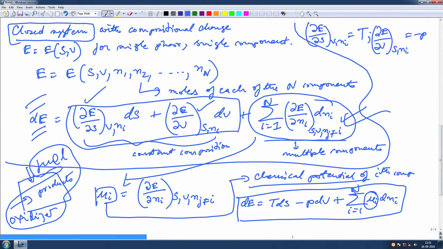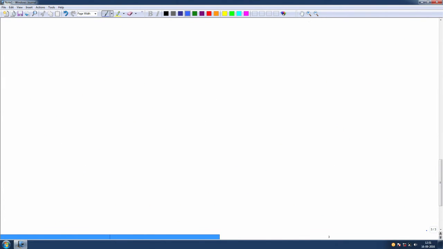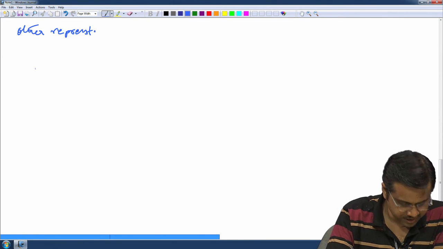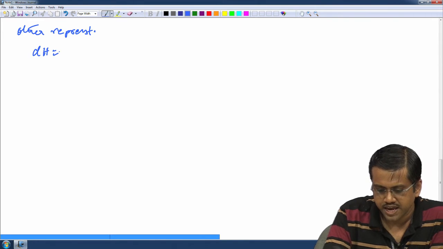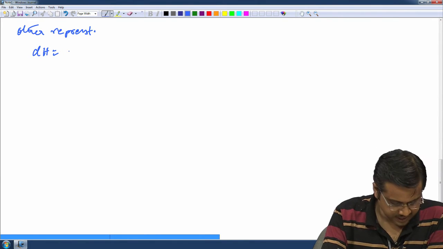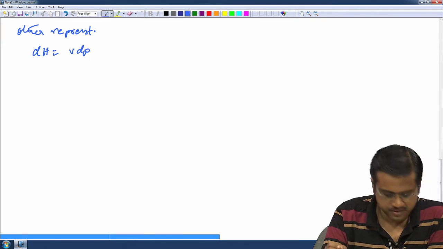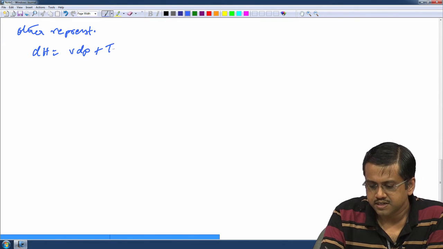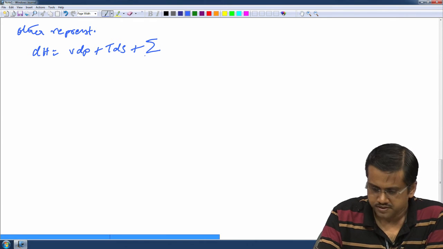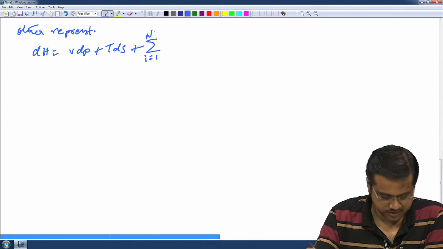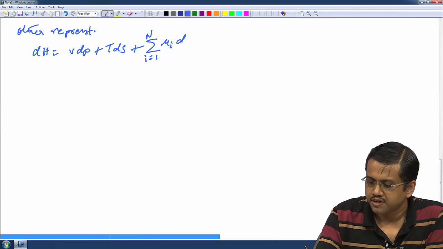Now, similarly, there may be other representations also, in which you have, say for example, dH, which is basically nothing but the enthalpy, equal to TdS plus VdP plus summation, again i equal to 1 to n, of mu i dNi.